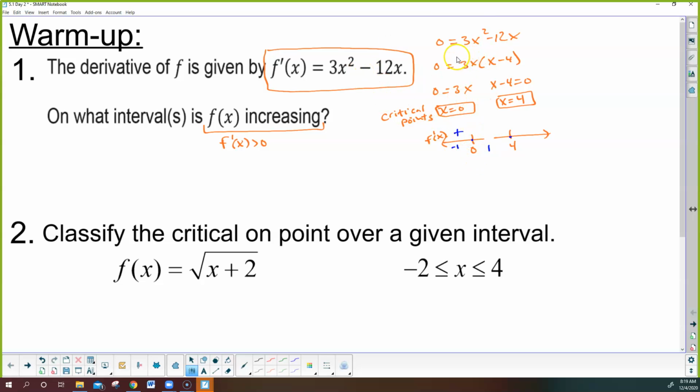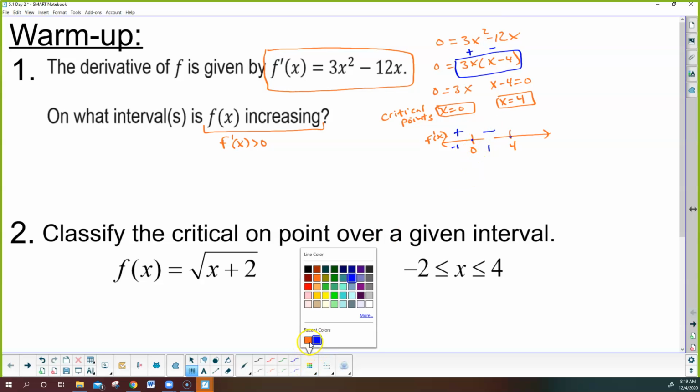Which, by the way, I would actually use this form of the derivative instead of this one. In my mind, it's easier. If you plug 1 in here, you get a positive, and if you plug 1 in here, you get a negative, and a positive times a negative is negative. But any form of the derivative you can plug numbers into to check.